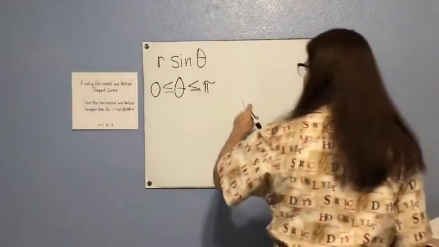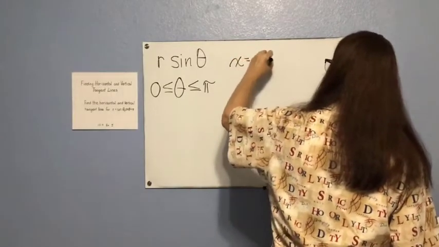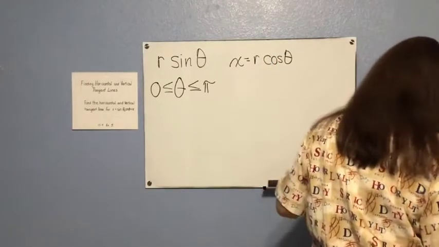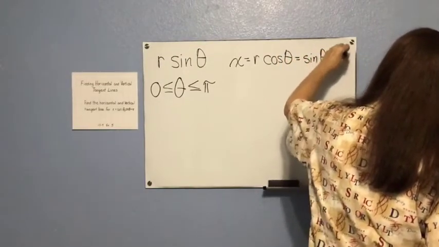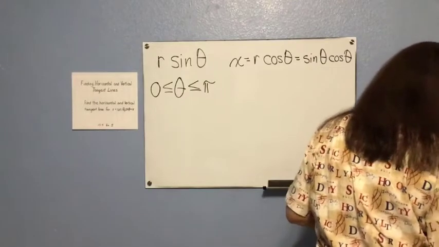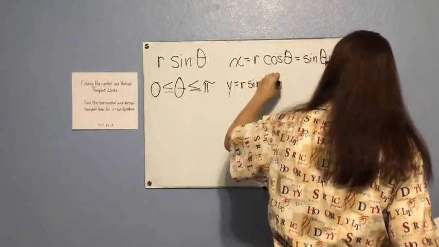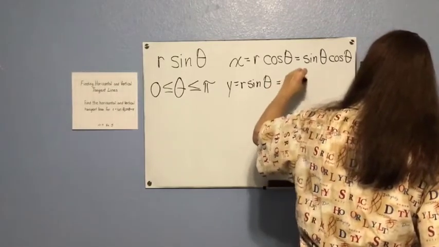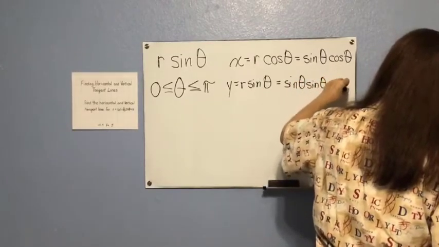We're going to begin by writing the equation in parametric form. x is equal to r cosine theta, which is equal to sine theta cosine theta, and y is equal to r sine theta, which is equal to sine theta times sine theta, which of course is sine squared theta.